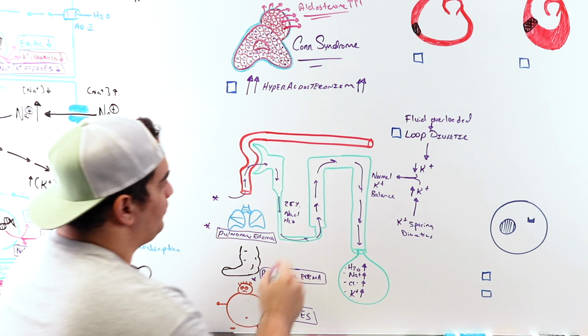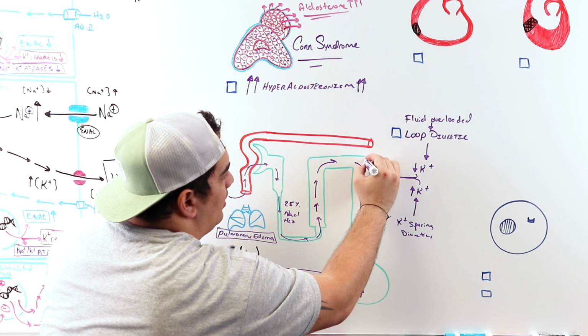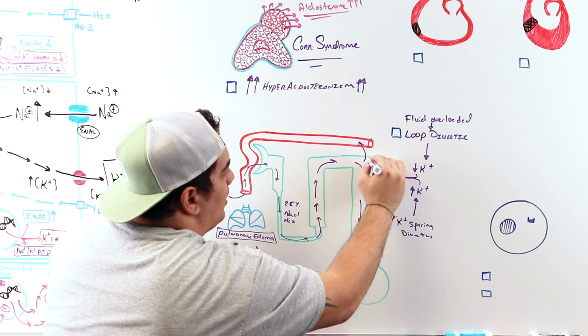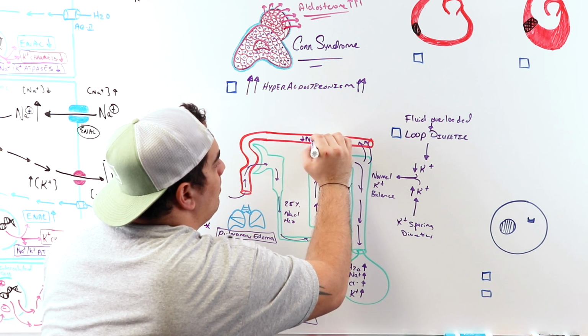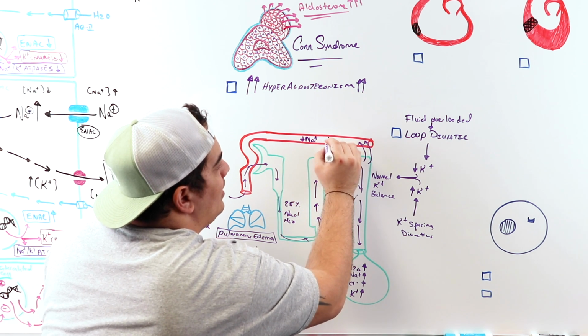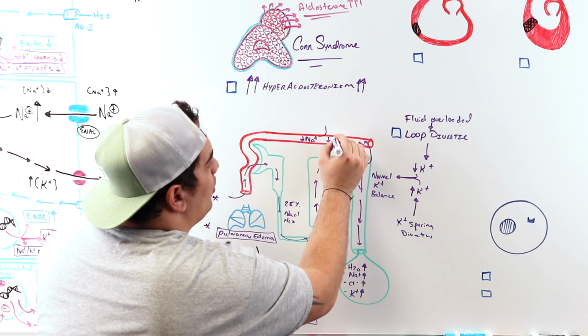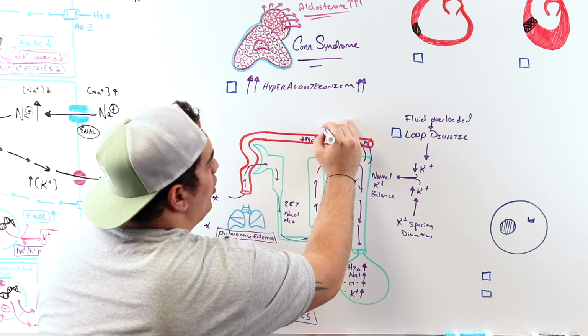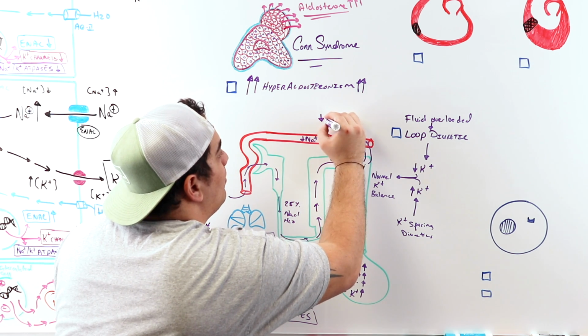In addition, remember, this acts in the distal convoluted tubule and in the collecting duct. And what do we say it basically can do? It can decrease sodium reabsorption and decrease water reabsorption. If you decrease sodium and water reabsorption, what do you do to the blood volume? You decrease the blood volume.